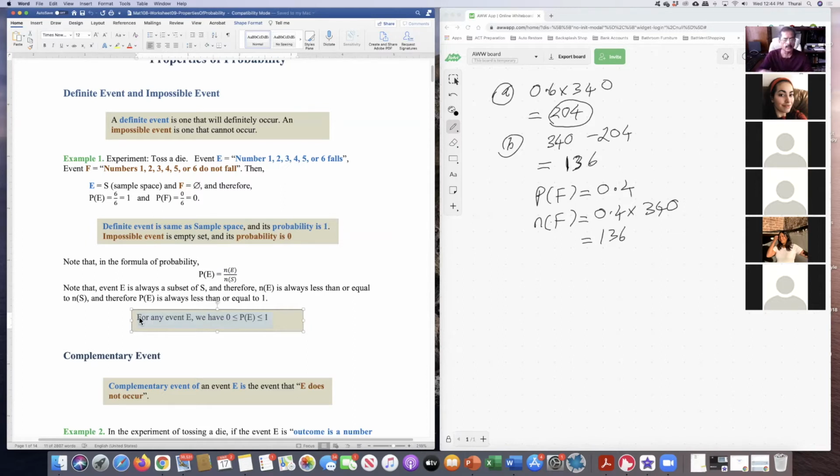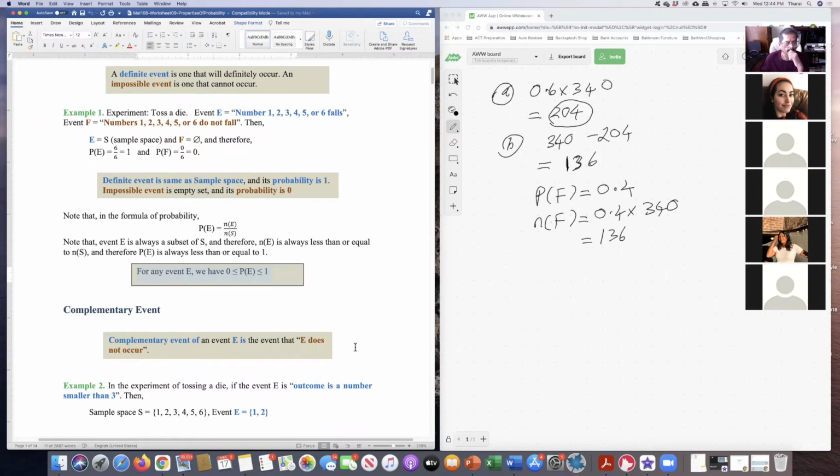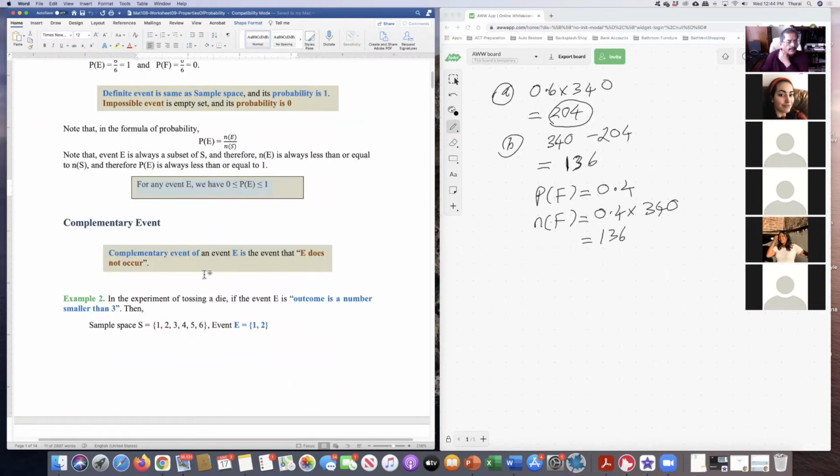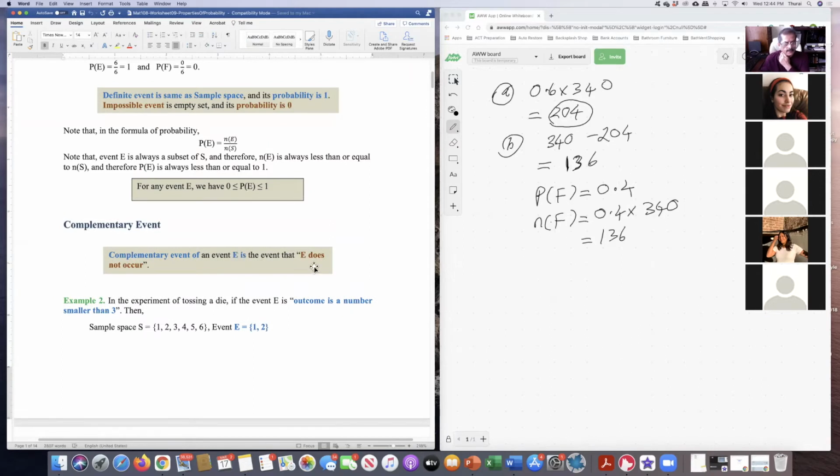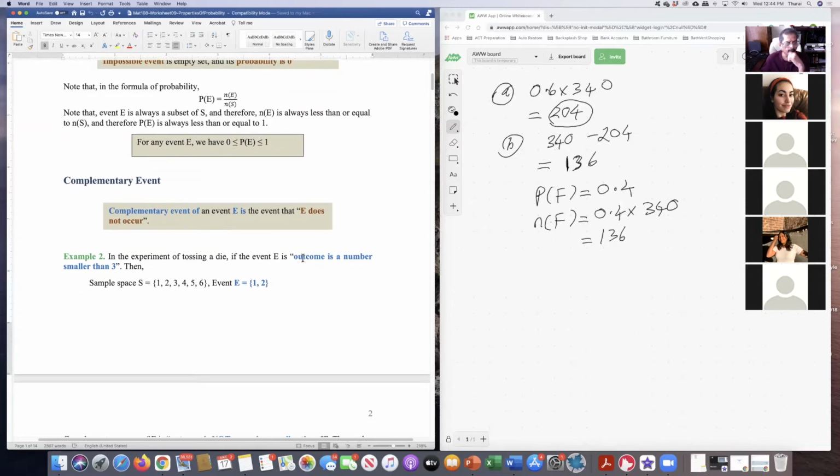The lowest value it can be is 0. The highest is 1. All right, so let's understand complementary event. The complementary event of the event E is E does not occur. So that's what we call complementary: E not occurring. Let's look at an example.